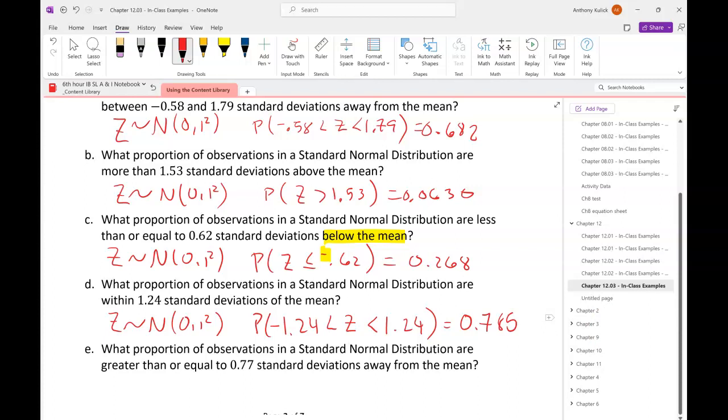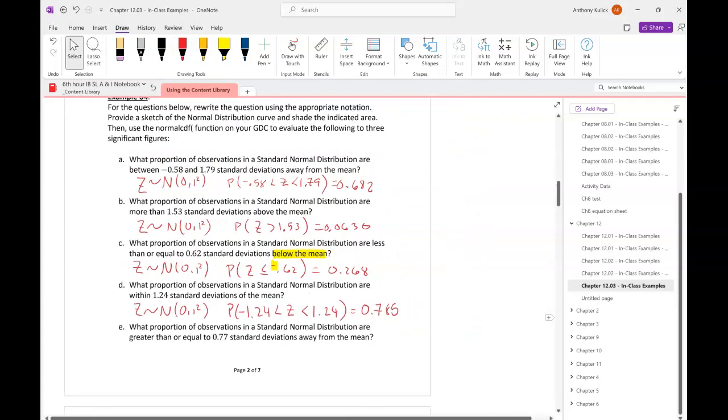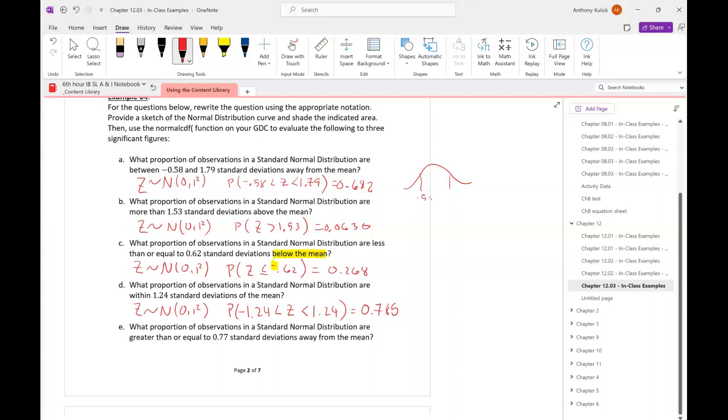Okay. Oh, the instructions were asking us to draw pictures here, huh? So we should have done that, huh? So this one would have been something like that, where that's shaded.